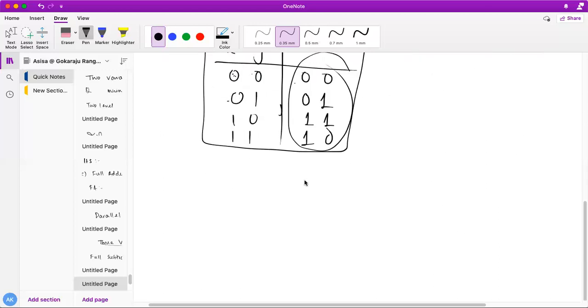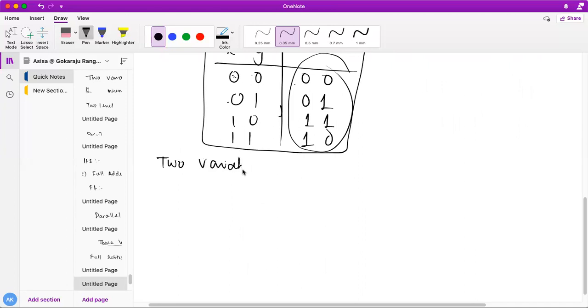Now there are various ways to represent the K-map, like the two variable K-map. What is a two variable K-map? If the function is of two variables, let's say A, B, then you have to construct a two variable K-map.